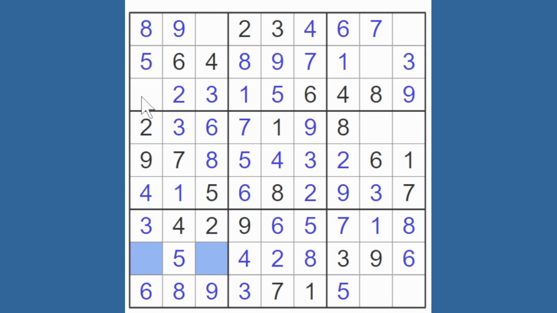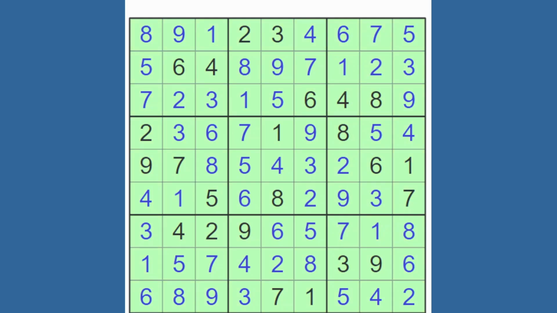We got a 7 missing in this row, so this is a 7, therefore we can resolve this row like so. This must be a 1. This is a 5, and this is therefore a 5, making this a 4, and this is a 4, this is a 2, and this is a 2.